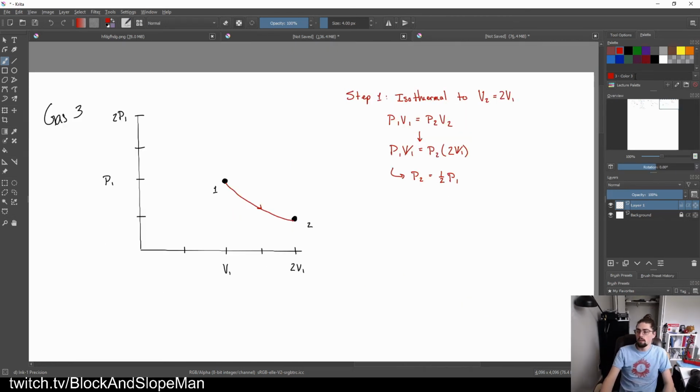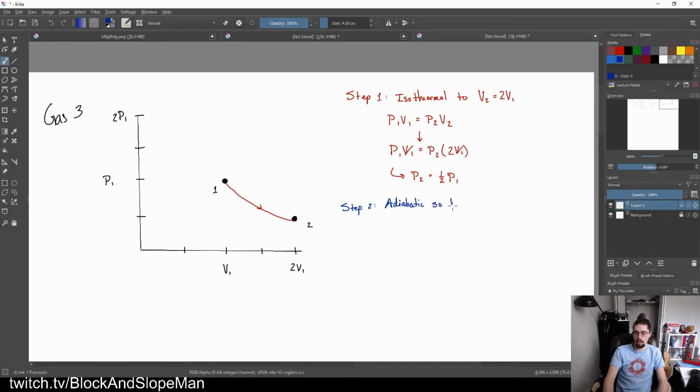Okay. Step 2. Time to get messy, because now we have an adiabatic compression. So let's just start by talking about adiabatic.